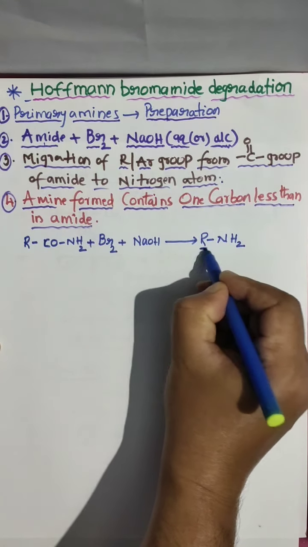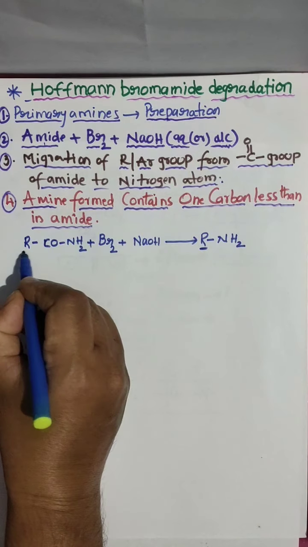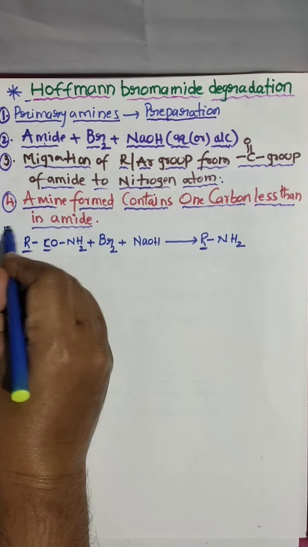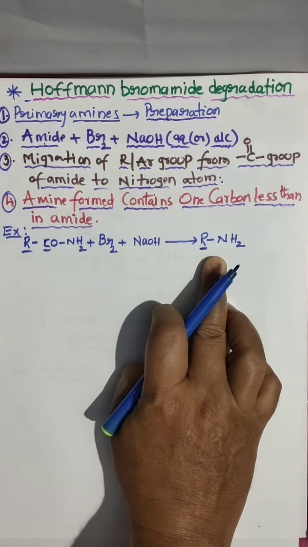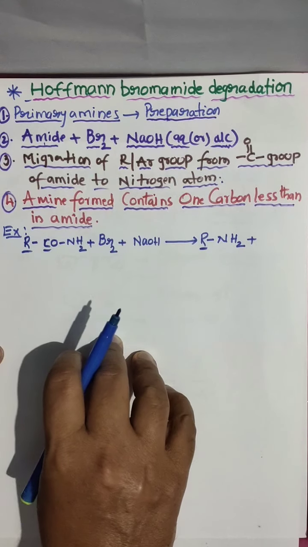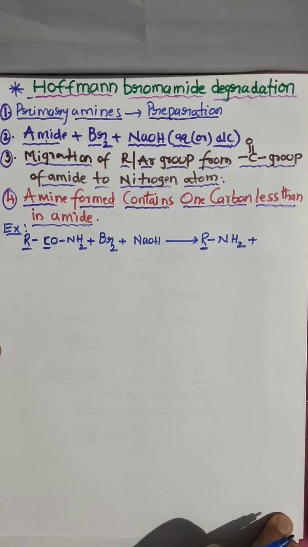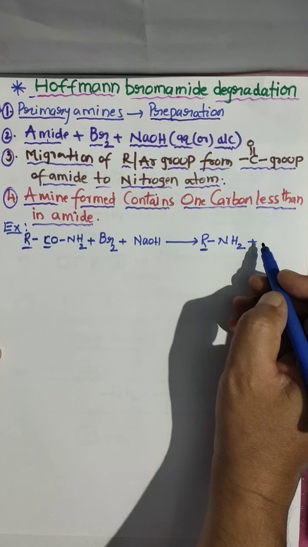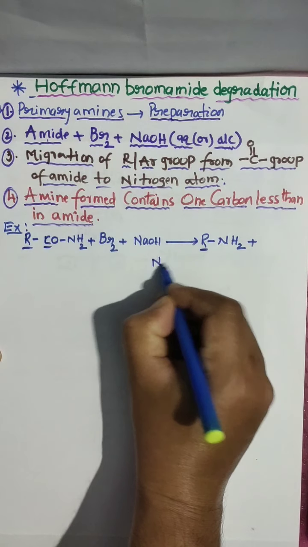See here, this is the carbon. R means alkyl or aryl having carbon. But here 2 carbons are there, and you have here only 1 carbon. And what byproducts are you getting?